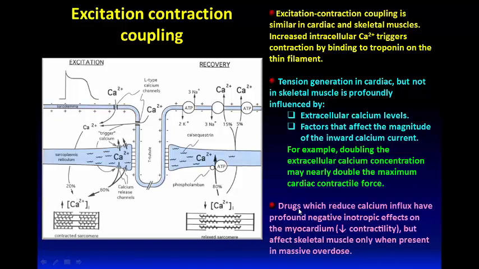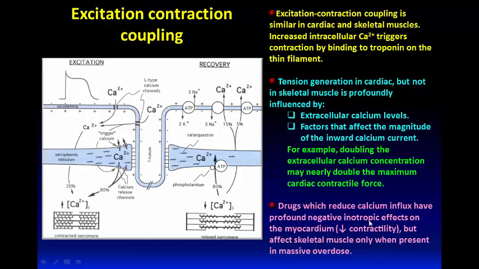Thus, drugs which reduce the influx of calcium through the voltage-gated L-type calcium channels have profound negative inotropic effects on the myocardium. They decrease myocardial contractility.